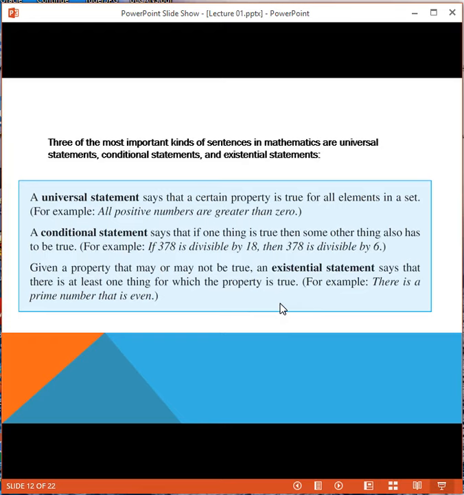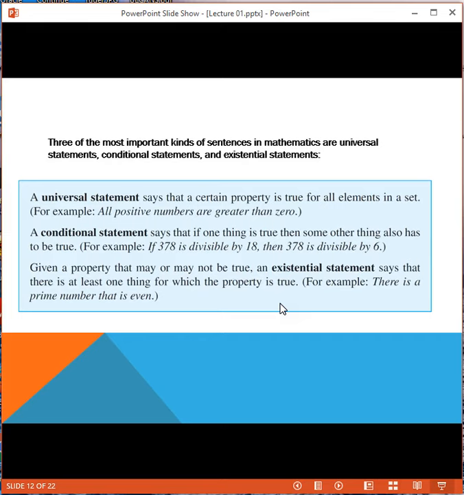A universal statement says that a certain property is true for all elements in the set. An example is, all positive numbers are greater than 0. That's a property of all positive numbers. A conditional statement says that if one thing is true, then some other thing also has to be true.